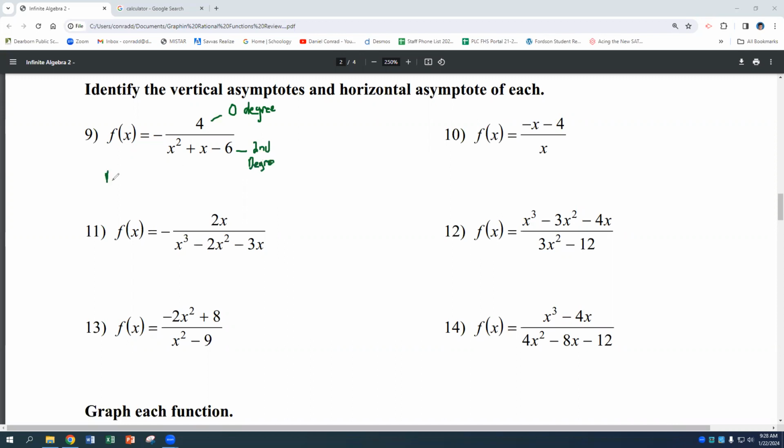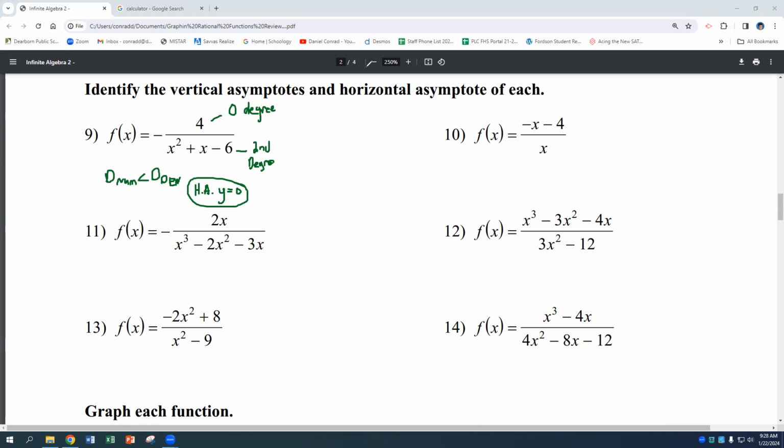Right, so the degree of the numerator is less than the degree of the denominator. Therefore, the horizontal asymptote is y equals 0, right? Because the degree of the numerator is less than the degree of the denominator.